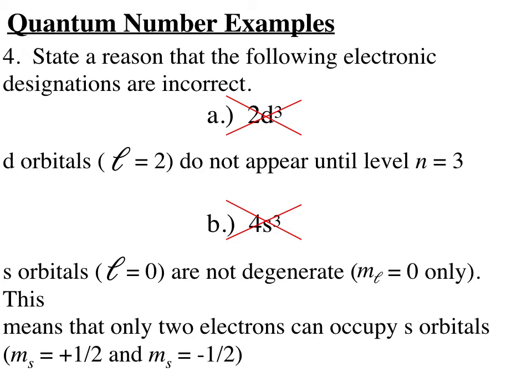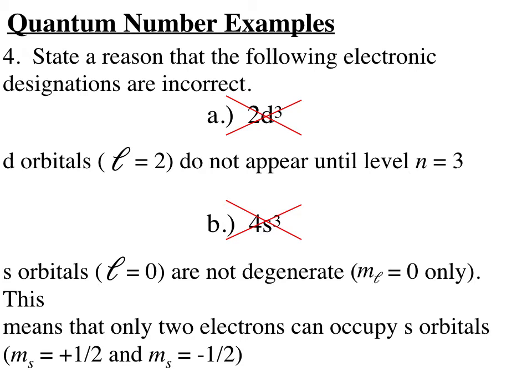First of all, you should note that a D can hold upwards of 10 electrons because L equals 2, and the m sub L degeneracy is 2L plus 1. That means there are 5 orbitals of that L equal 2 value, and they could each doubly occupy. So there's a maximum of 10 electrons that can go in, so that can't be the issue.